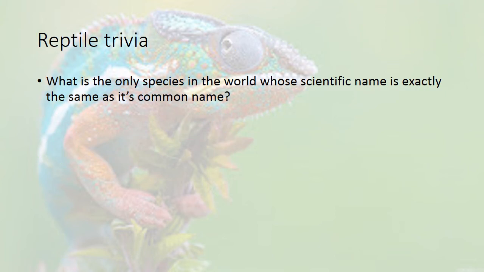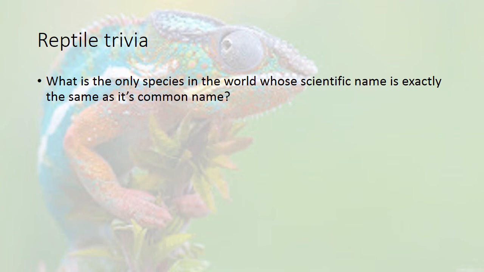And then I think that a couple of us have talked about this, but I want to make sure that everybody is in on this piece of reptile trivia. Very exciting. What's the only species in the world, and this is the only species of vertebrate, only species of any animal, I think, in the world whose scientific name is exactly the same as its common name?